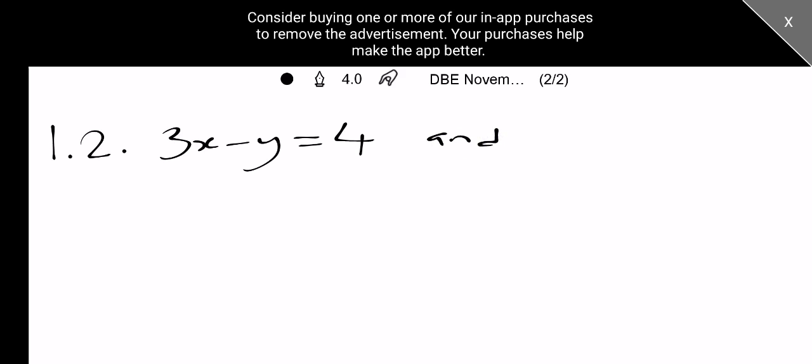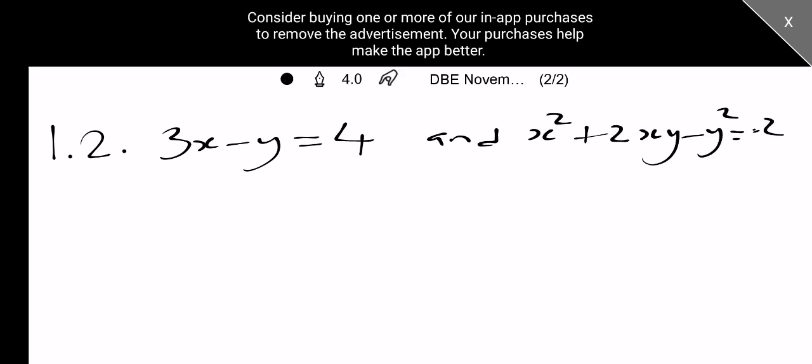That was 1.2. 3x minus y equals 4 and x squared plus 2xy minus y squared equals negative 2.